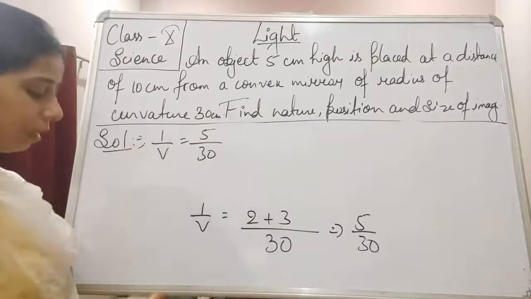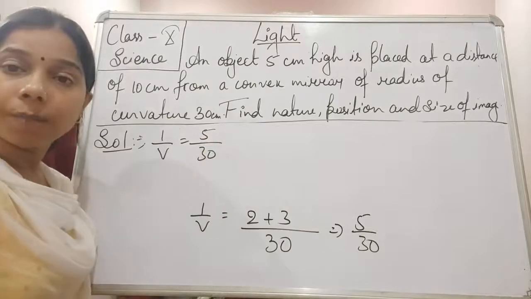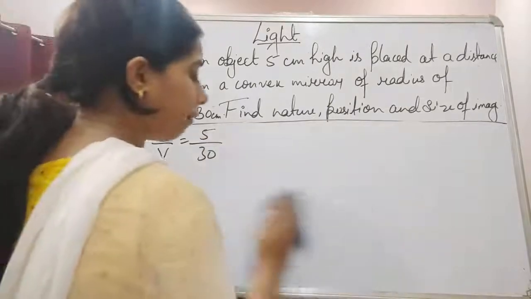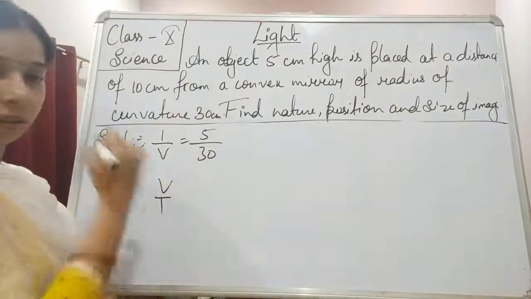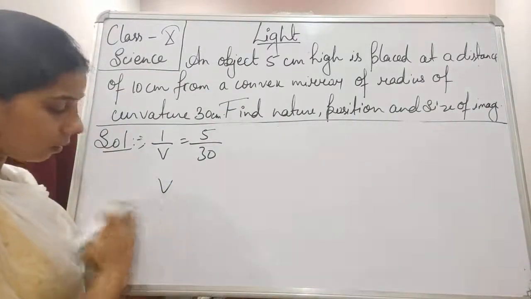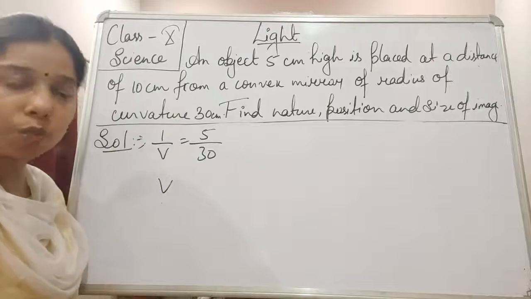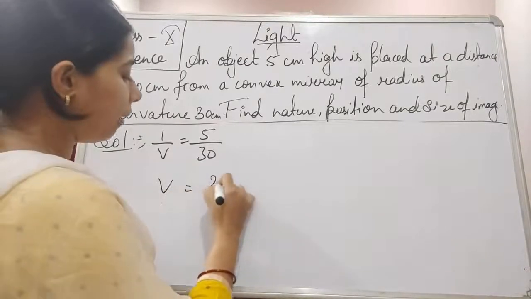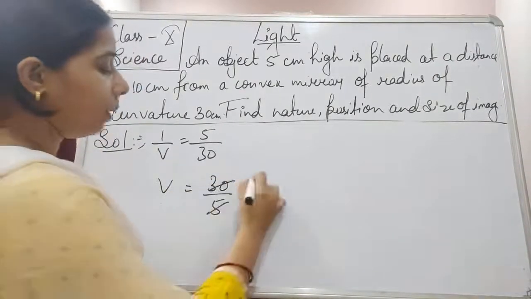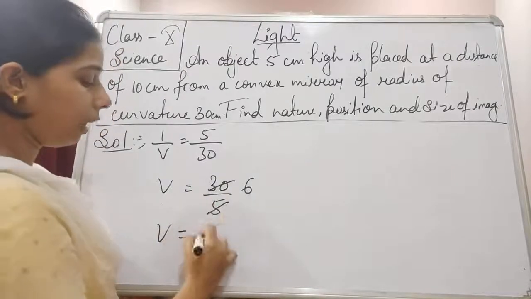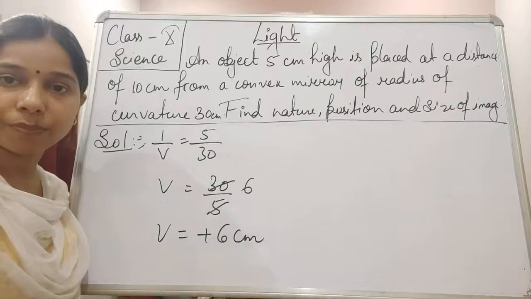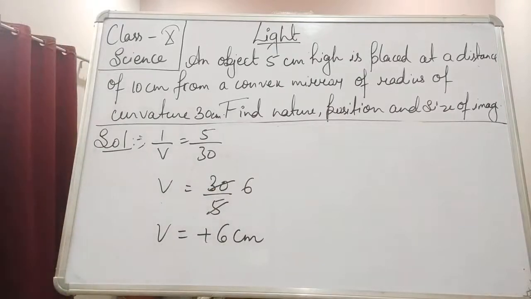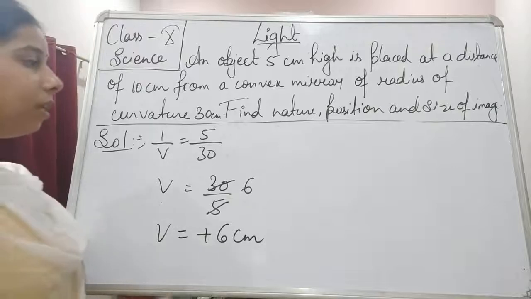So 1 by v is equal to 5 by 30. Then v is equal to 30 divided by 5, which is equal to 6. So v will be equal to plus 6 centimeter. The image which will be formed here will be at plus 6 centimeter.